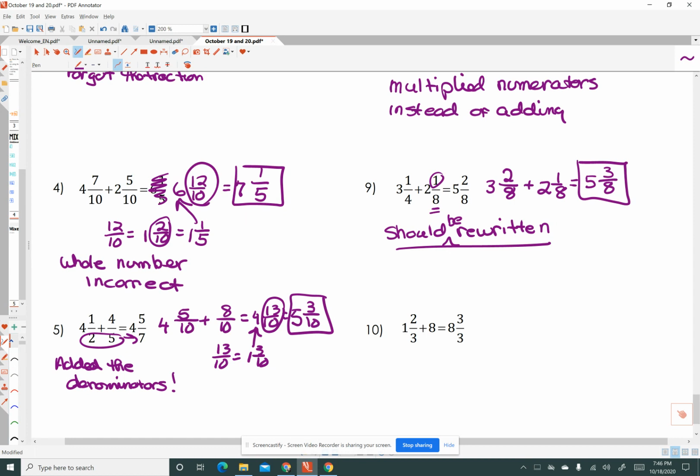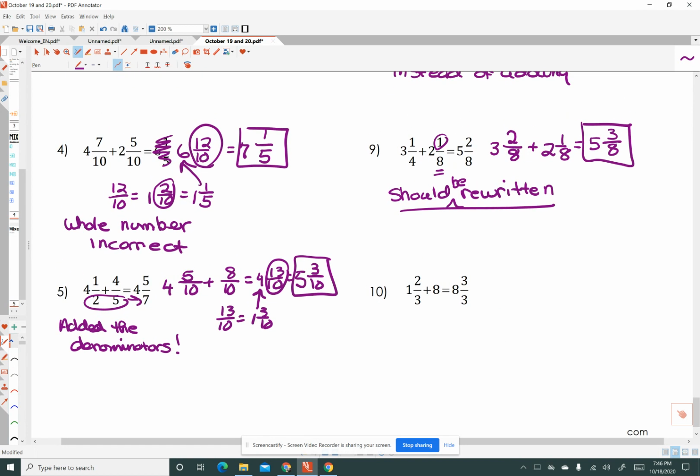And now let's look at our final problem. And it appears we have 1 2/3 plus 8. And it looks like they did not add the whole numbers. We have an 8 here, but we have 8 plus 1 there, so the whole numbers were not added.